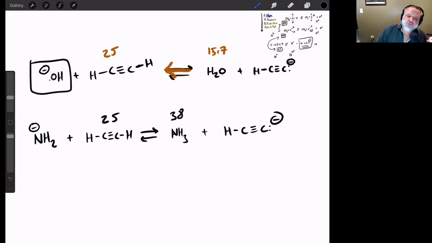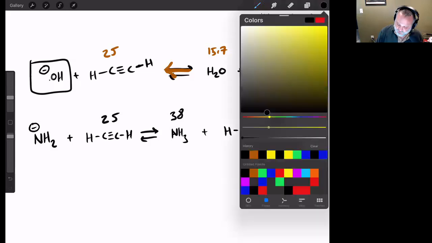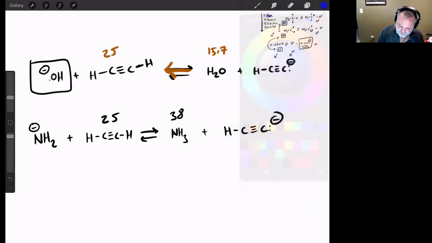And so we do have the pKa's in this case, and here's one of those exceptions, right? And so yes, amide is a suitable reagent to deprotonate ethine, because the weaker acid actually lies in the products and the reaction favors the product side.